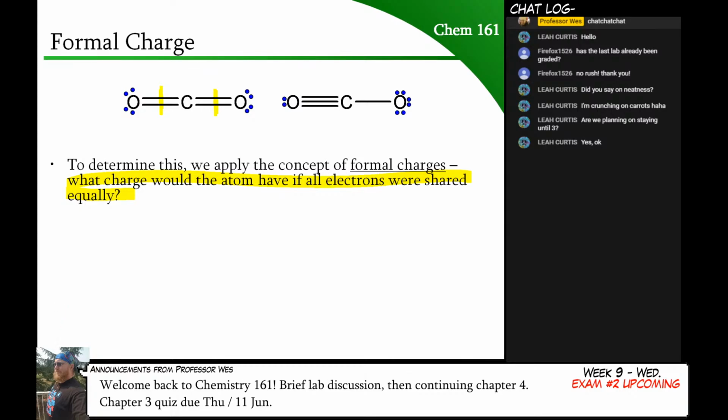And so the other way to do this is to simply just circle an atom, like so. And we're going to count all the electrons that we circled with the bond part that we circled, only counting each bond as 1, because we're only going to count the electrons that are shared.